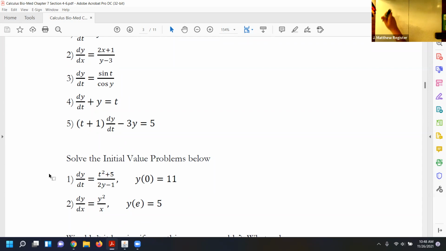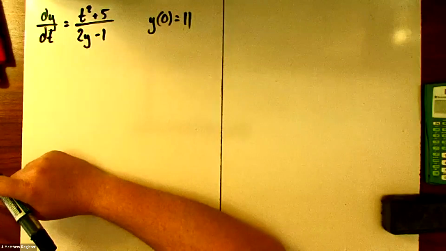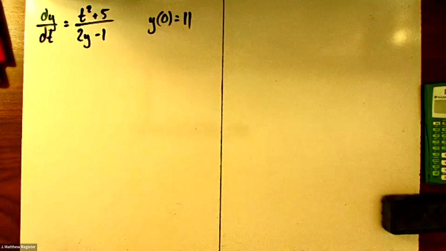So the initial value problem is dy dt equals t squared plus 5 over 2y minus 1. And y of 0 is equal to 11. Cool.